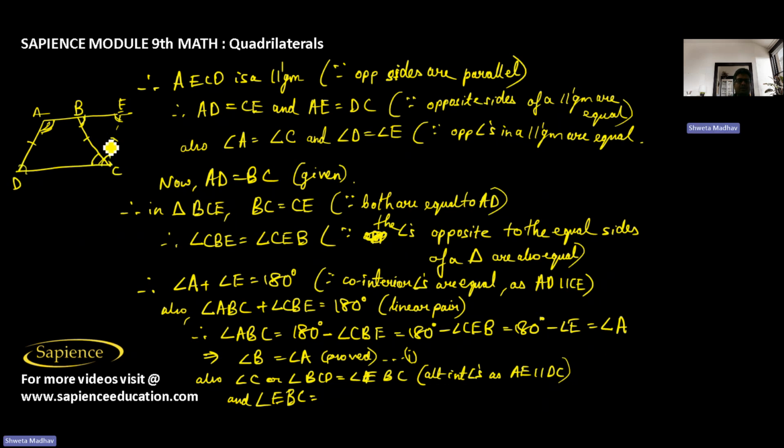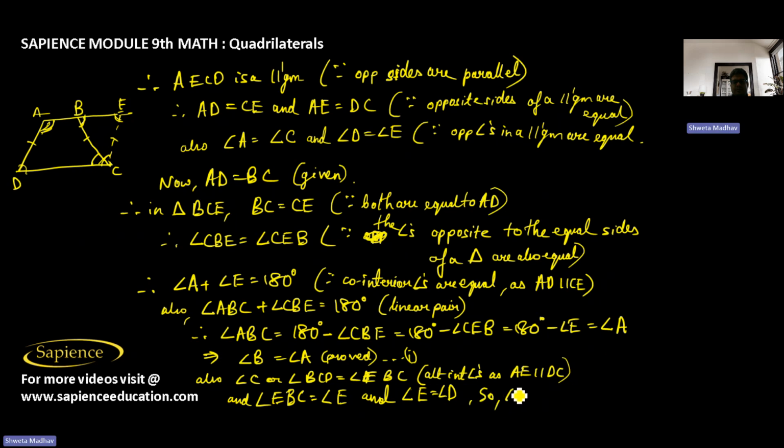This angle is equal to this angle, and this angle is equal to this angle. And angle EBC is equal to angle E also, and angle E is equal to angle D also.